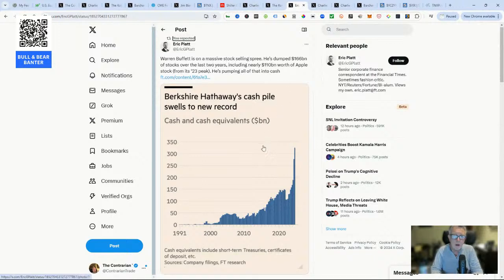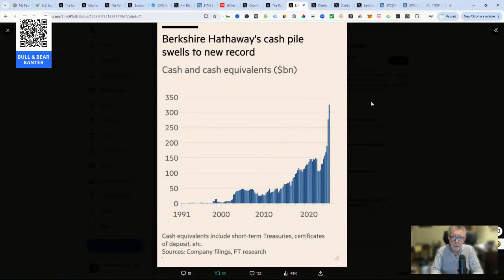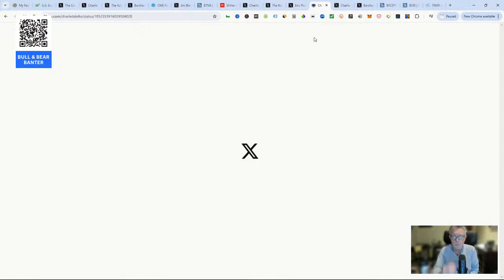He's dumped $166 billion of stocks over the past 2 years, including nearly $110 billion worth of Apple stock. He's pumping all that into cash. Look at this war chest he's sitting on. This goes back to 1991. Never has he had such a capital raise as he does right now. Incredible.